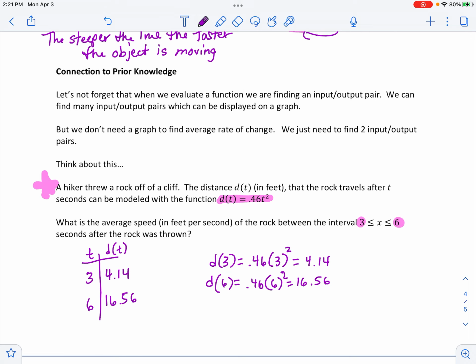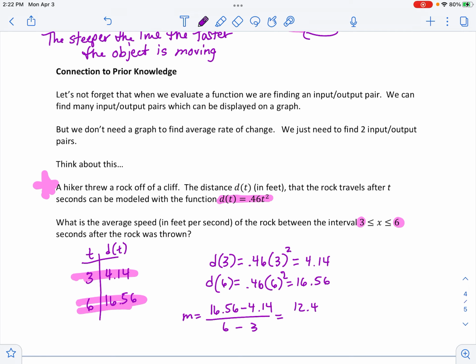Now that we have two xy pairs, we can use our slope formula, or find the change in one over the change in the other. So we find the slope by doing the change in the y's, 16.56 minus 4.14, over the change in the x's, which is 6 minus 3.